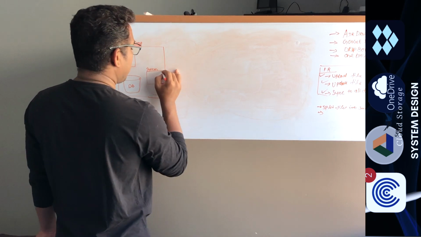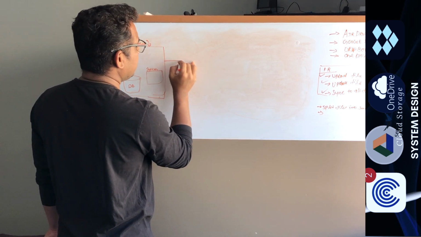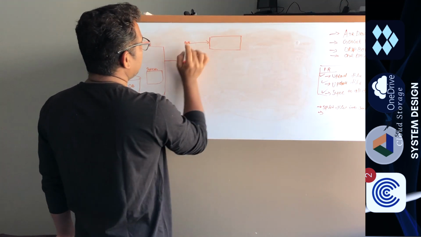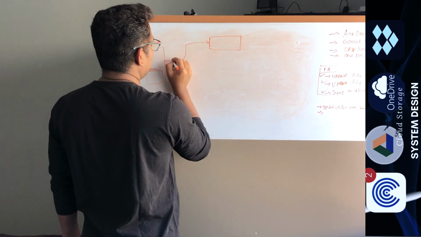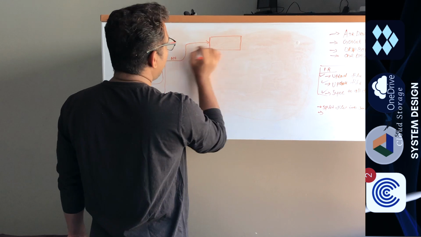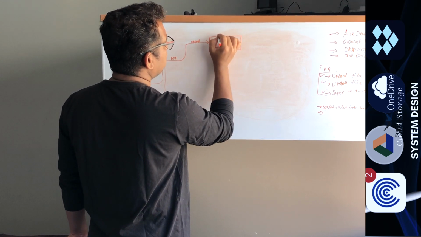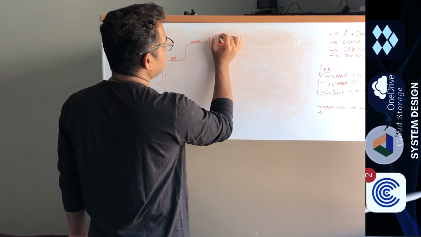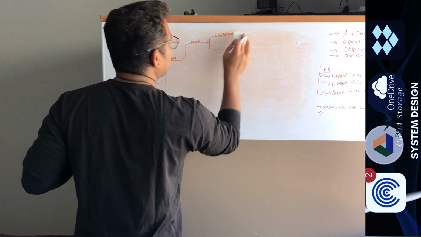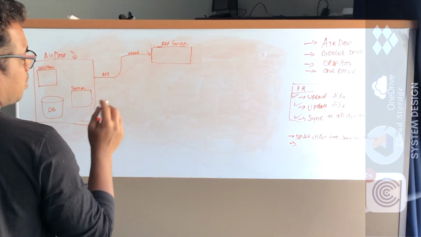So whenever a file drops in here, it will send a request. It will call an API, or we can say a request API to upload. So this is a file upload service, or we can say the application server here, right? The app server is sitting here.